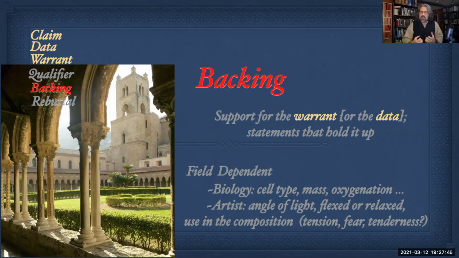Is it supposed to show something tense or something tender? Is it supposed to show fear? Are the muscles supposed to be in a fearful mode, or in an aggressive, threatening mode? That's the artistic question about what to do with a muscle, very different from the biological idea of what's important about a muscle. Both right, okay? It's not like one of them is right and one of them is wrong. It's just that they work in different fields.